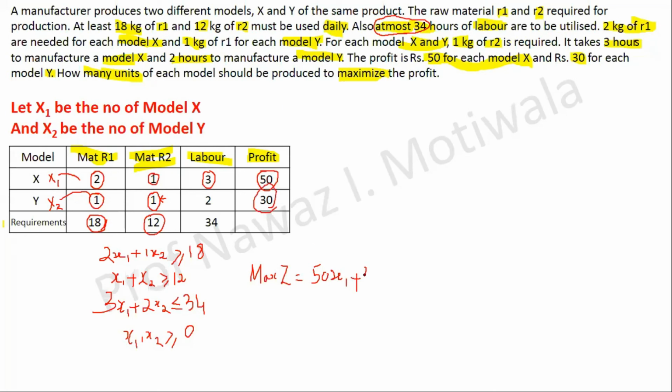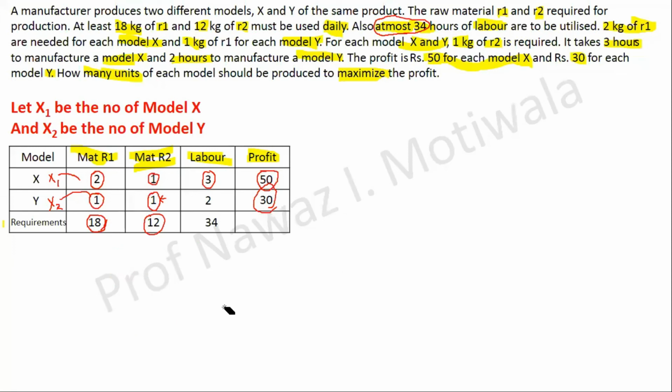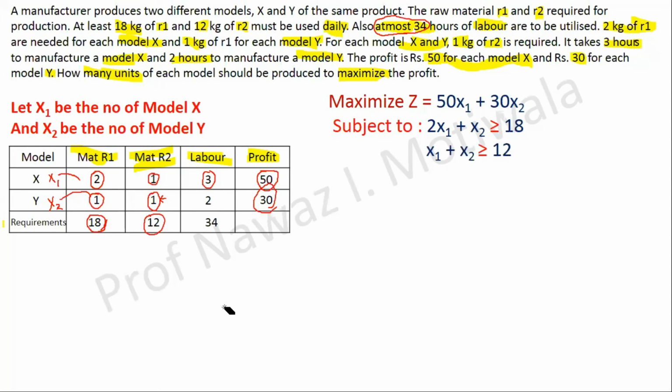So total profit will be 30 times X2. So this completes our formulation part. So the answer is: maximize Z equals 50x1 plus 30x2 subject to 2x1 plus x2 less than or equal to 18, x1 plus x2 greater than or equal to 12, 3x1 plus 2x2 less than or equal to 34, and x1, x2 greater than or equal to 0.